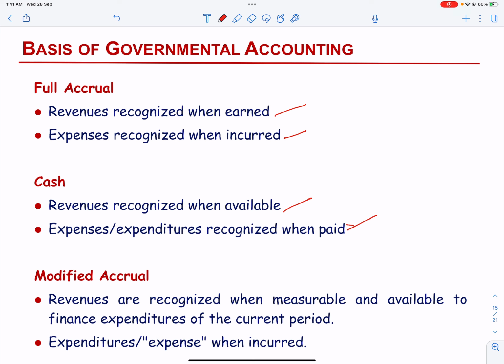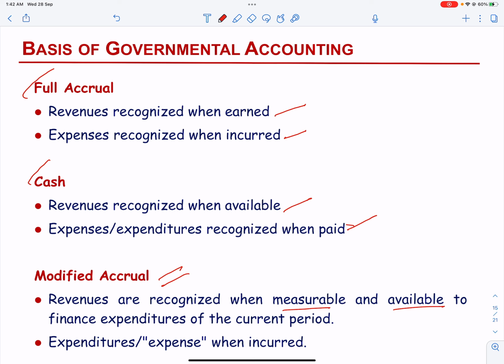So, full accrual basis and cash basis of accounting are the two extremes, and in between these two, there are other bases of accounting like taxation accounting or modified accrual basis of accounting. So, modified accrual basis is applied in recording governmental funds, and revenue is recognized when measurable and available to finance the expenditure of the current period.